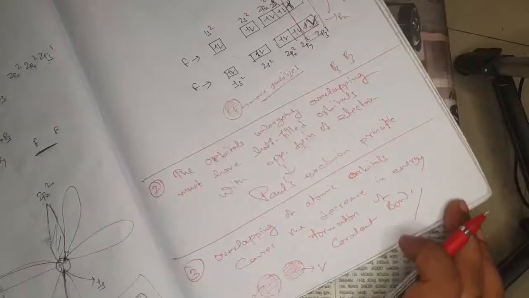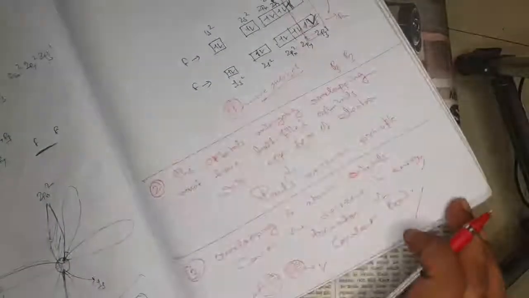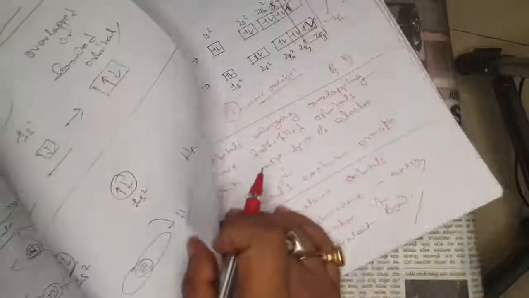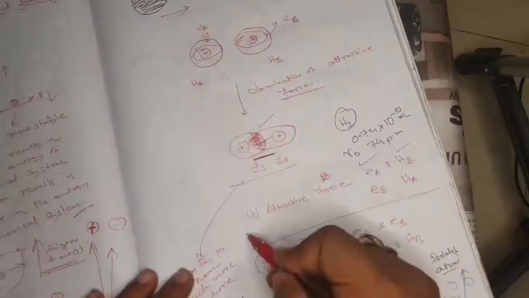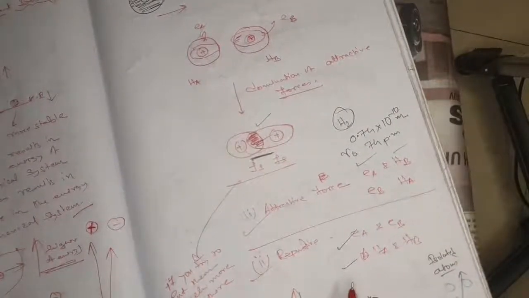If anyone asks why overlapping of atomic orbitals causes decrease of energy and formation of covalent bond, the reason is the attractive forces and repulsive forces that exist. There is an extent of overlapping.